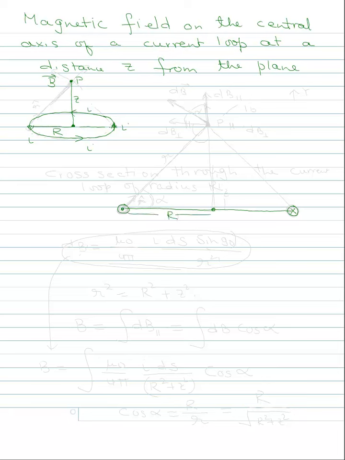So basically, I'm looking at a cross-section through the current loop of radius R. Now, if we have to find the magnetic field at some height Z, this is the height Z, then we should be thinking about the contribution due to all of the infinitesimal ds's that make up this loop.